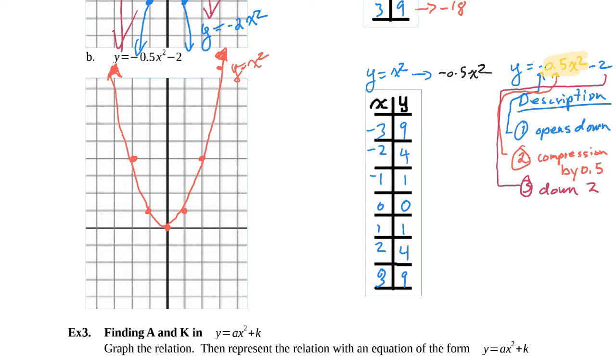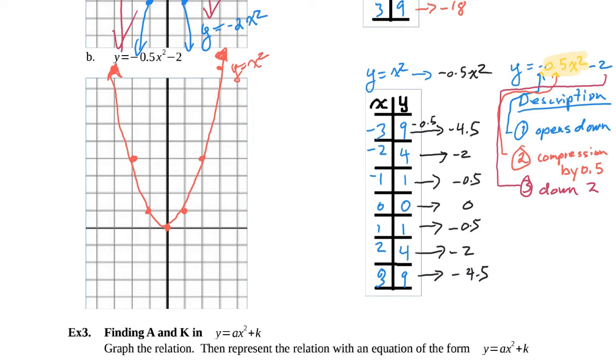And in order to do that, we have to multiply 9 by -0.5. So you got to get -4.5 and so on. And then you take those points and match them with the x's and graph.